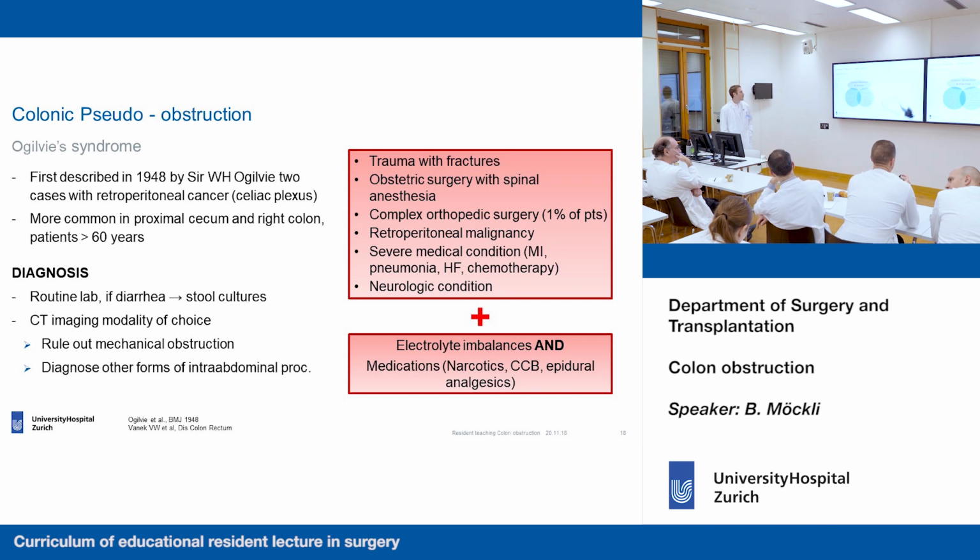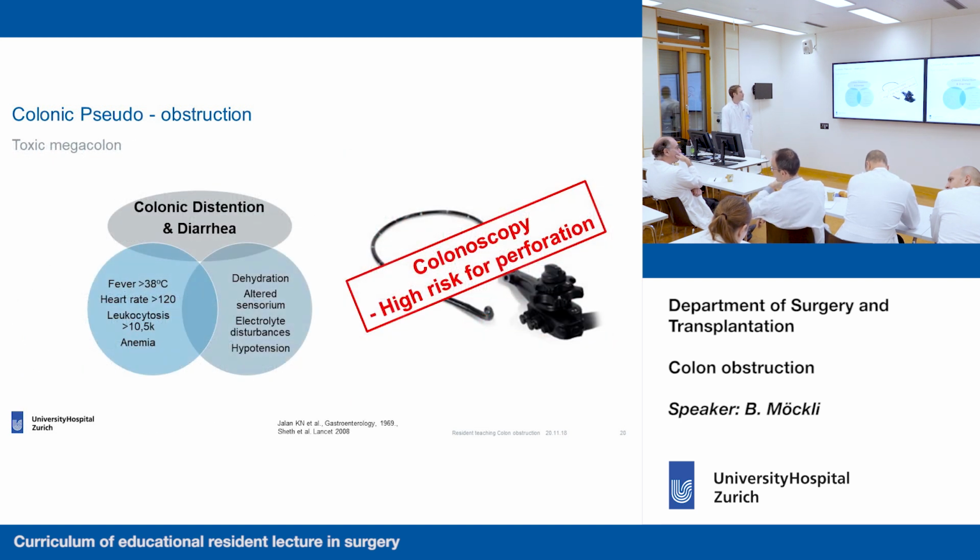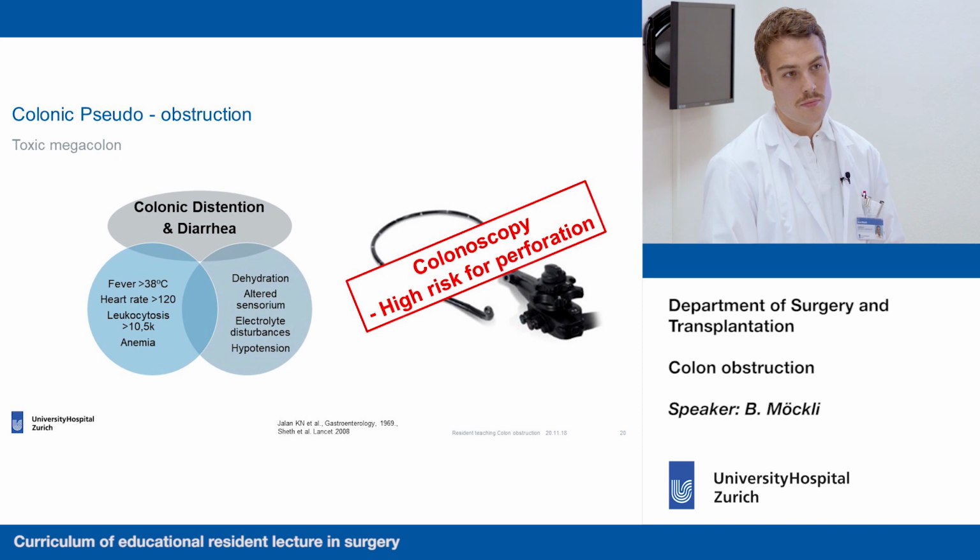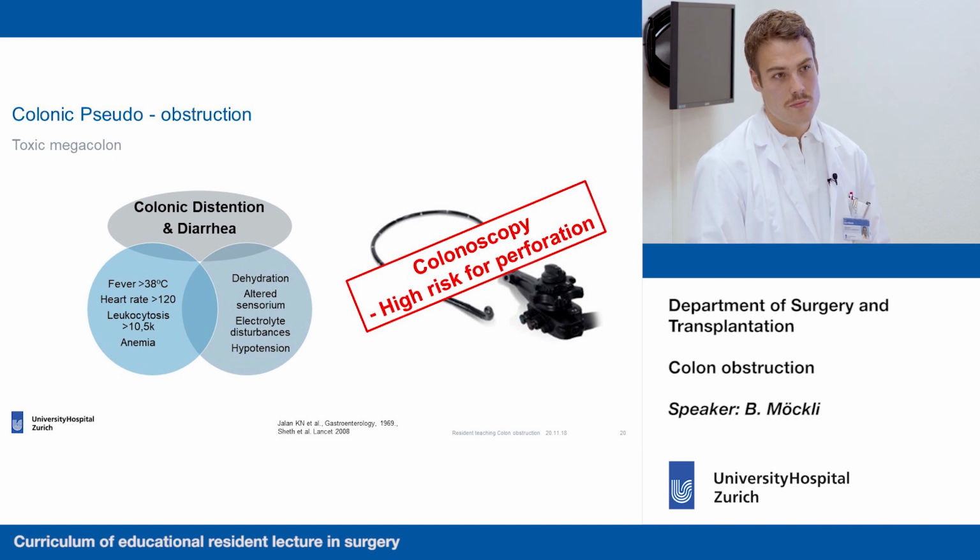Of course, this has to be put also in the clinical setting. If you see a dilation without clinical signs, it's hard to talk about a pseudo-obstruction. But if you do, then you have to put this into the clinical frame. There's a difference between the diameter of the cecum and of the transverse colon. The limits are a bit different.